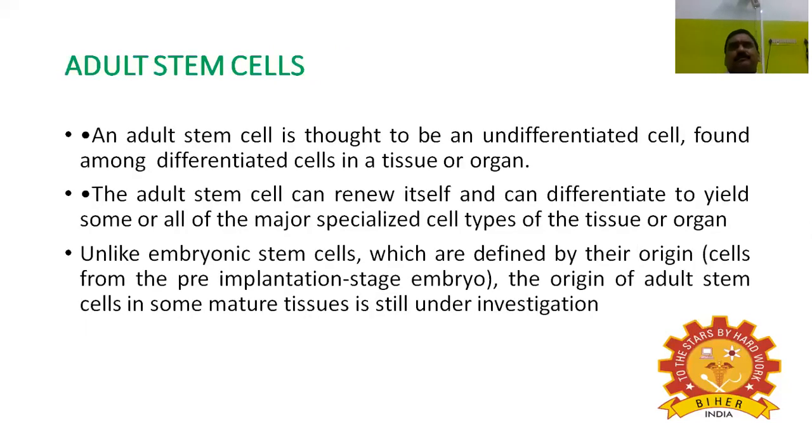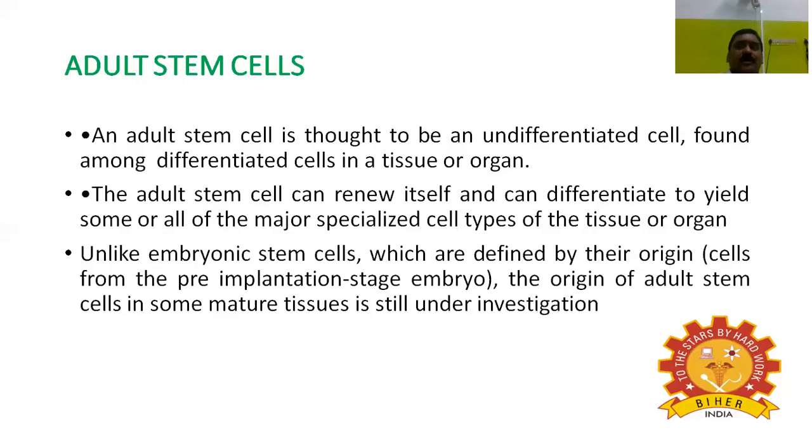Next, I'm coming to a very important topic, adult stem cells. Remember, I told you totipotent, pluripotent, multipotent, and unipotent. Basically, adult stem cells are multipotent stem cells. So, what is the definition of the adult stem cells?